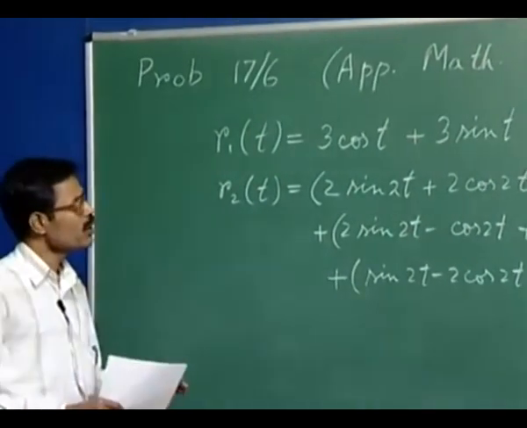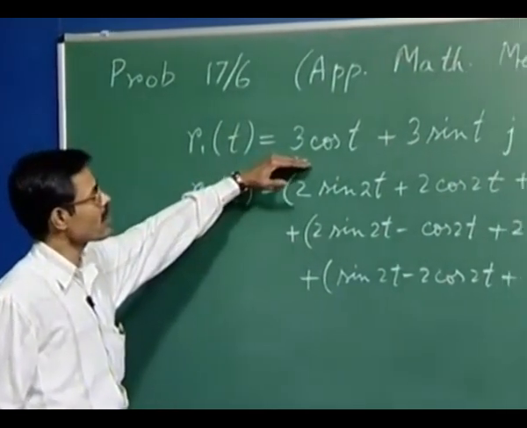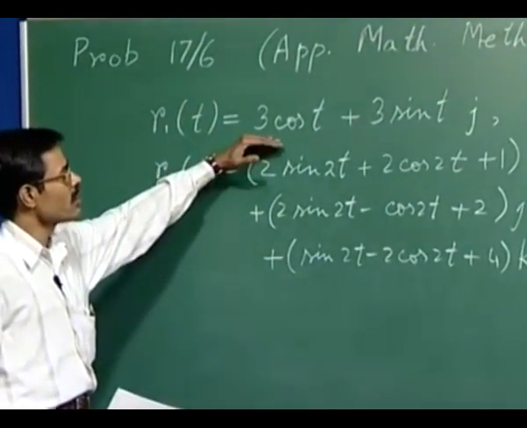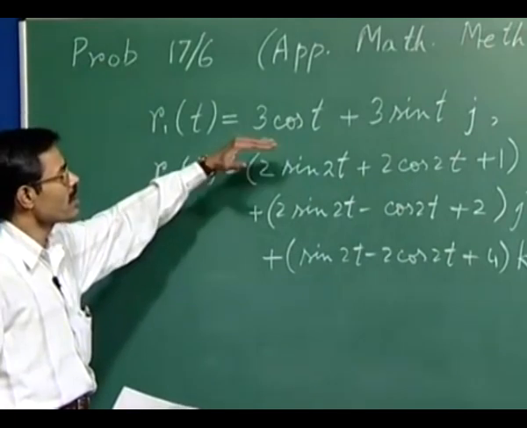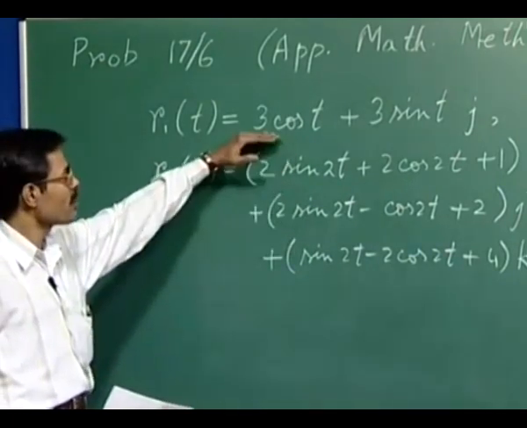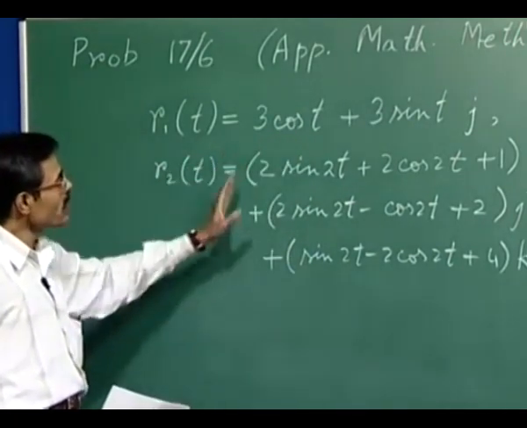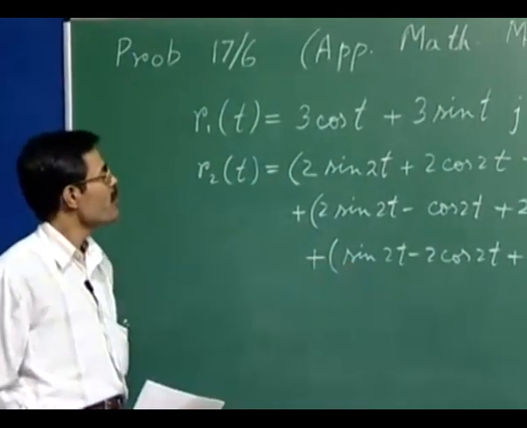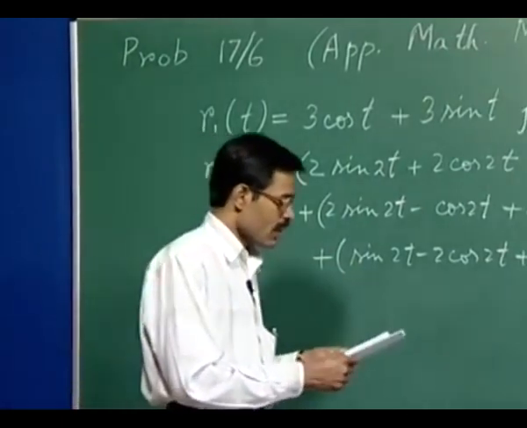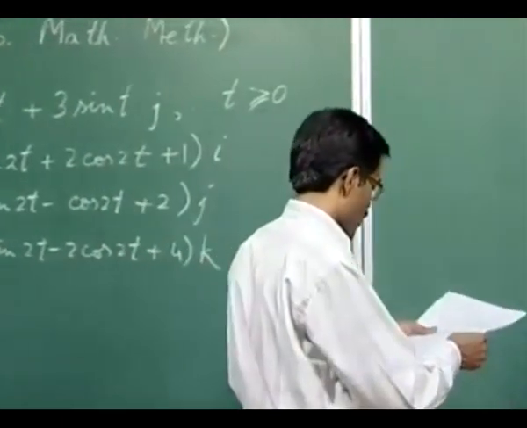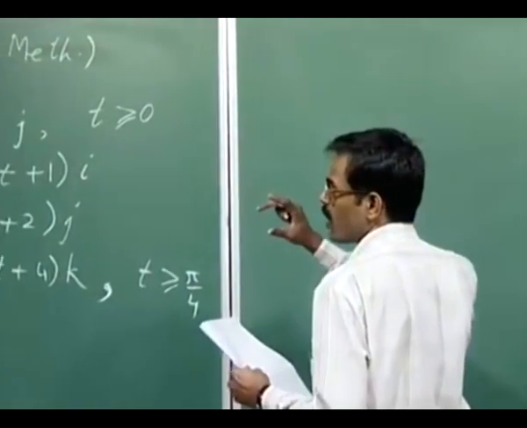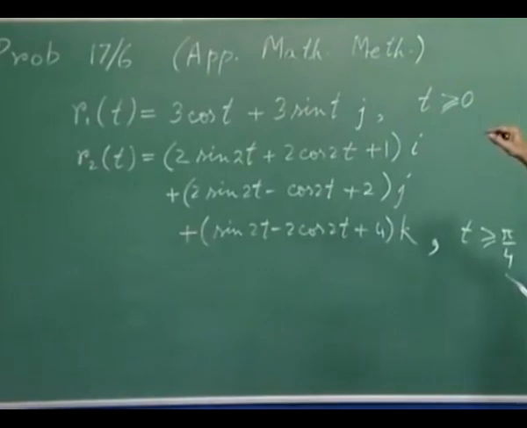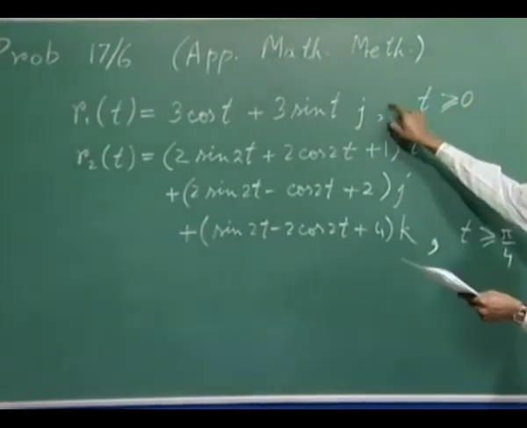Now you will note very easily that the first curve is evidently a circle with origin as the center and radius 3 lying in the xy plane. That much is very clear. Now we need to check whether R2 of t also represents the same curve. So for that we try to transform R2 in such a manner that it gets started from the same point where the first curve starts.